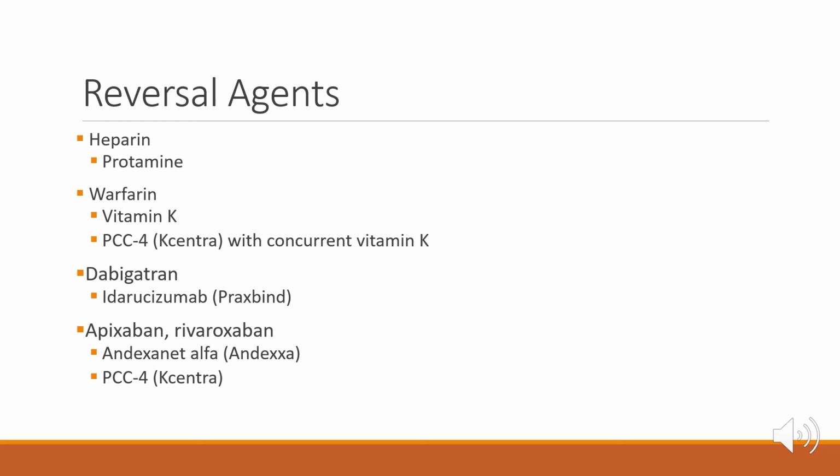So it doesn't stop the medication that's already bound to the factor Xa in the blood, but it does stop further bleeding from occurring. It's extremely expensive and somewhat restricted at this time, but you will see it be used in cases of severe bleeding. Now for all of these medications, patients can also receive transfusions to get blood back if they're bleeding as well.